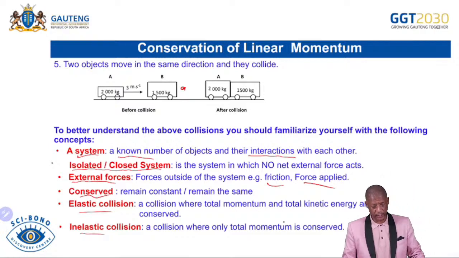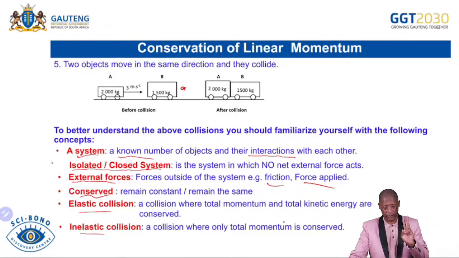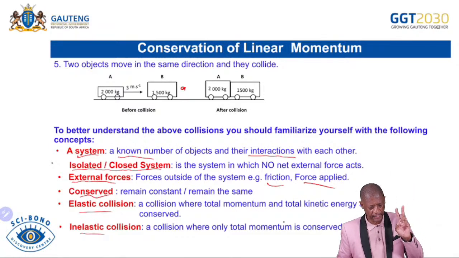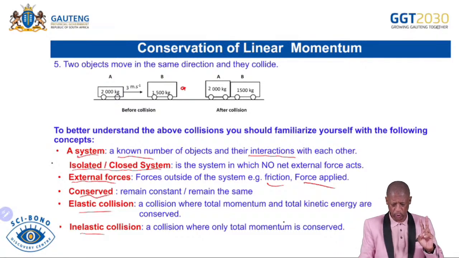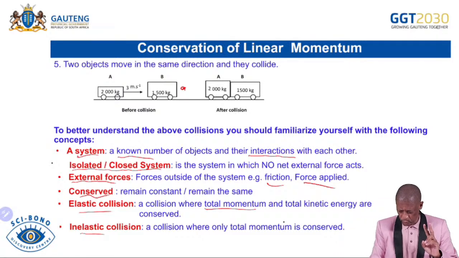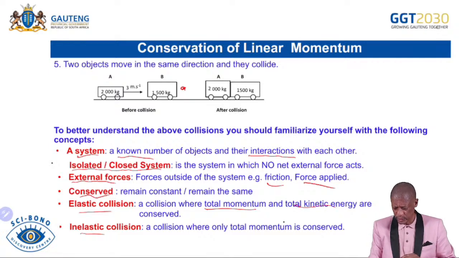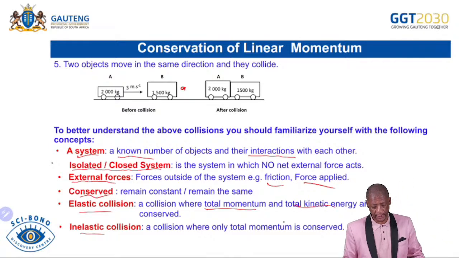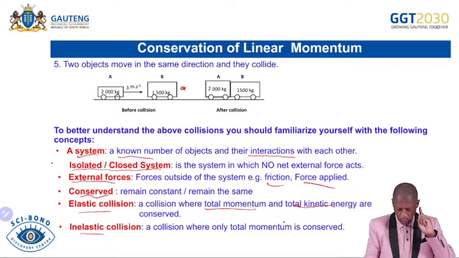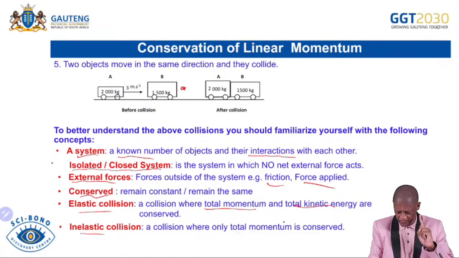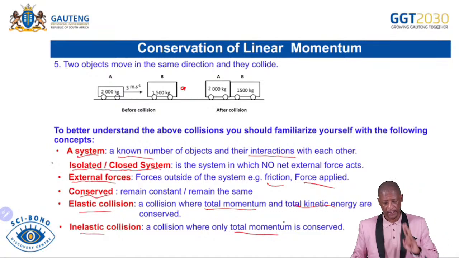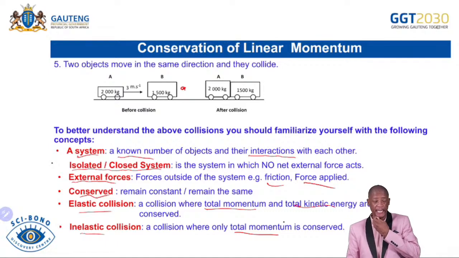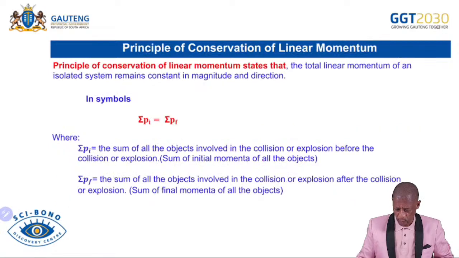You must know this. I said there are 2 things that you need to know in an elastic collision: total momentum and total kinetic energy are conserved. In the other type, the only thing that is conserved is total momentum, but not the kinetic energy. So these are the terms that you must familiarize yourself with.